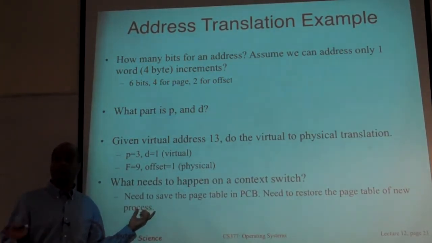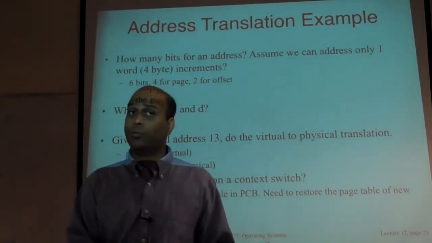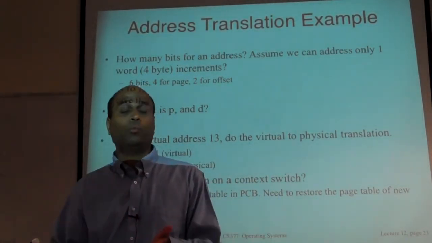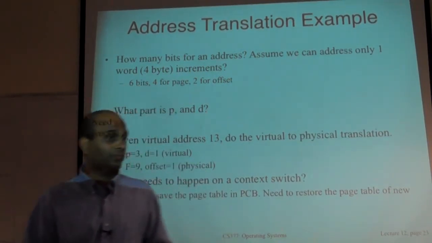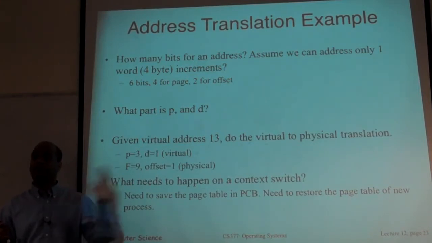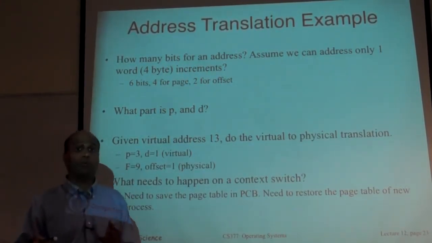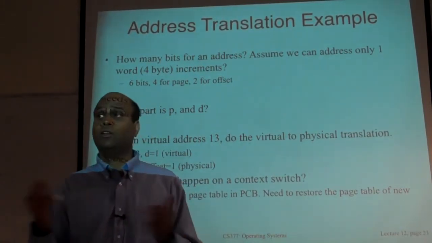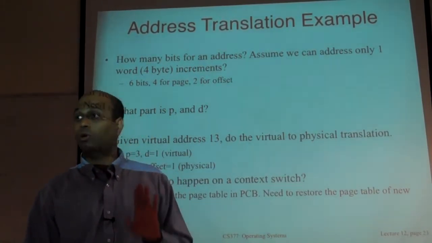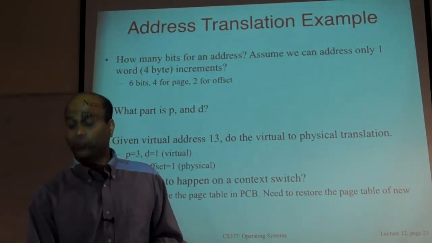You will see that there's page table hardware, which we haven't yet encountered, but any hardware that stores page table entries, you have to save that state in the process control block and load the new page table into that piece of hardware. Just as in dynamic relocation, you took the base register, stored it, and restored the new one. So all the memory management info has to be saved and the new one restored. That's more work on context switches, because memory management is now also something you need to worry about.